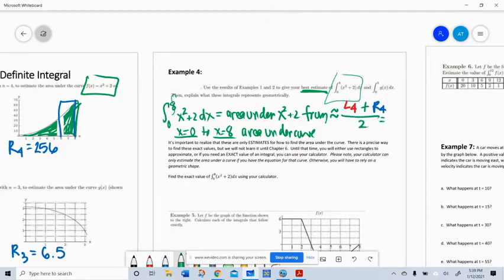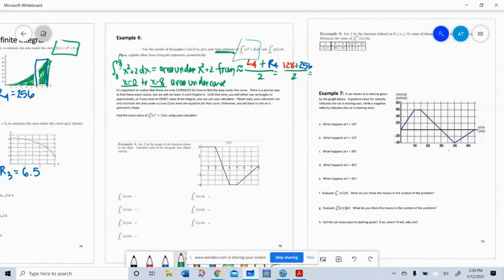And so that's going to give me 128 plus 256, and we're going to divide that by 2, and we're going to get an answer of 192. Whoa. Okay, so our estimate for that integral is 192 units, okay? And that's the area under the curve.